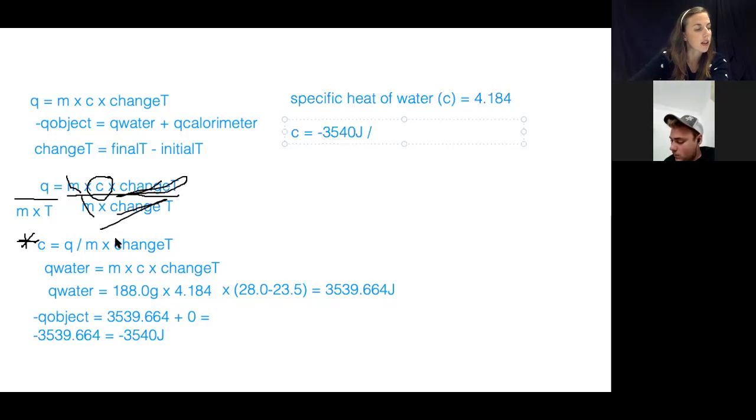So what was the mass of the object? 55.0 grams. Yes. Times change in temperature. I'm going to have to do the final minus the initial. What is the final temperature of the object?